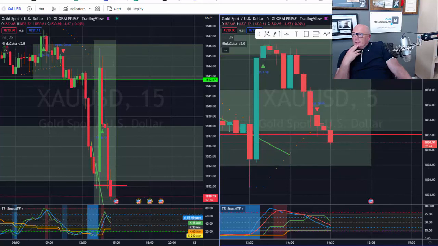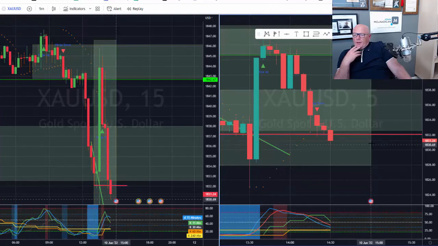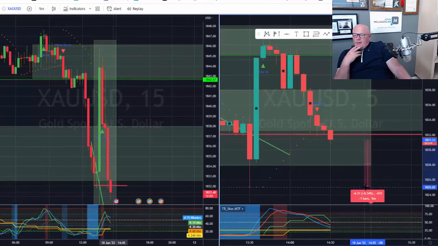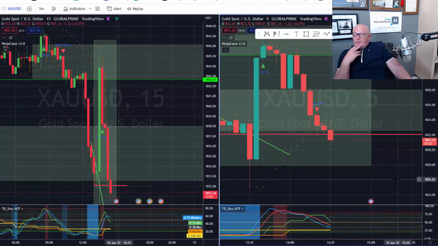So I'll just get the MT4 set up just to see. We know the lower low came down to here. So from where we are now, the bottom of this candle, to there, 63 pips.